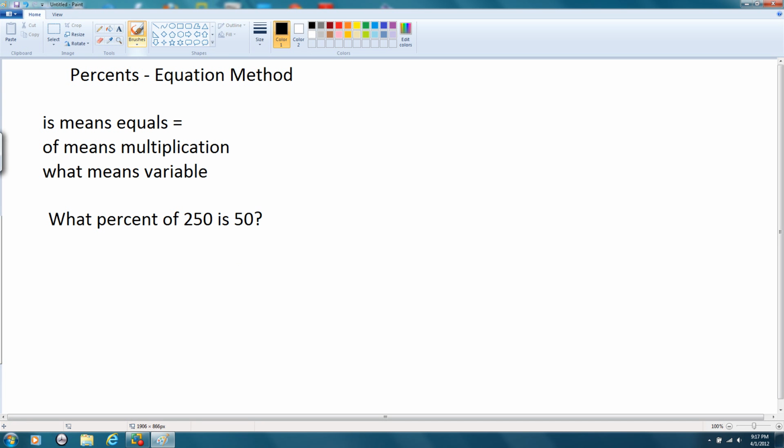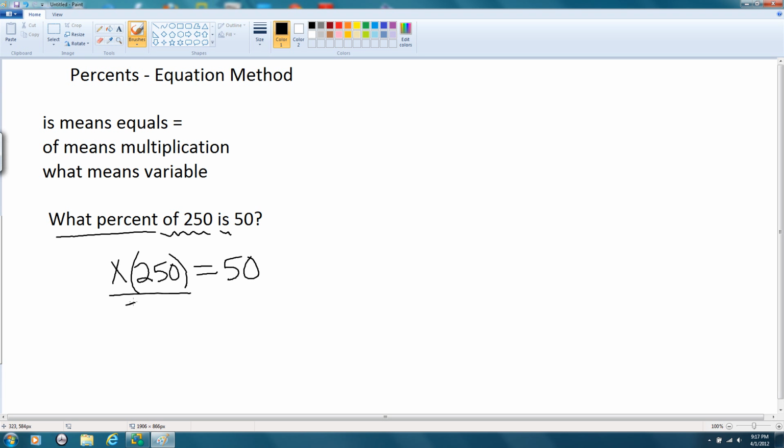If I go what percent, that's a variable, okay? So I'm just going to call it x. Of, and then 250 means multiplied by 250. Is, here, means equals, and 50 means 50.